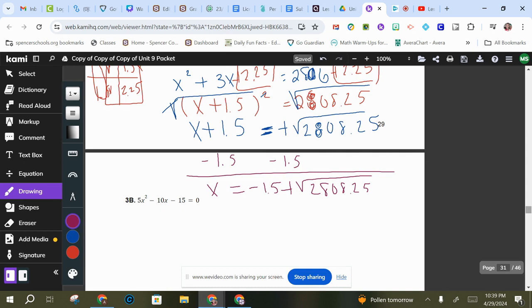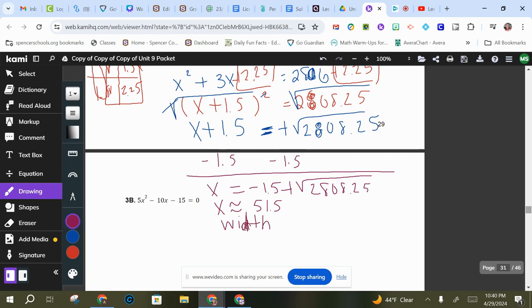So why don't you go ahead and grab your calculators and put in negative 1.5 plus the square root of 2,808.25. And you will notice, if we round to the nearest tenth, that's approximately 51.5. So we'll say this is the width of my new maze with the information given.